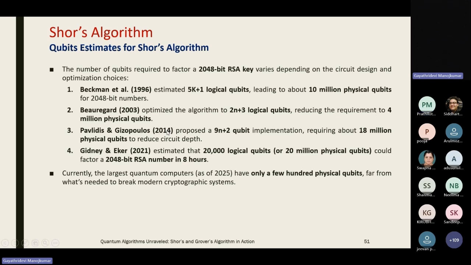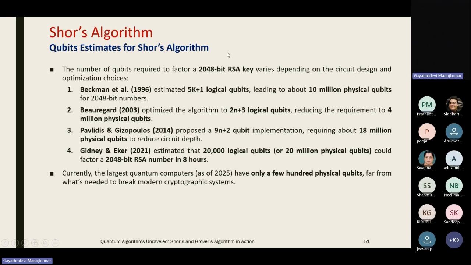In 2014, based on the proposal, it can be 9n plus 2 qubits, that is 80 million physical qubits, to reduce the circuit depth. It is not for the logical qubits, it is for the reduced depth.